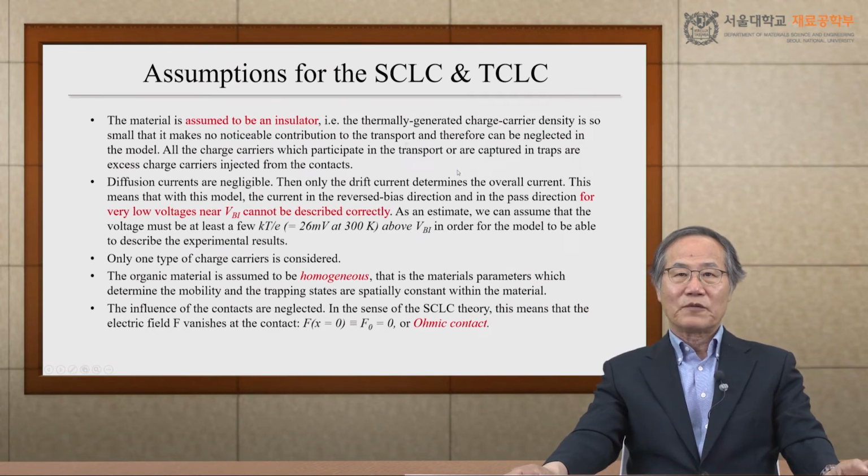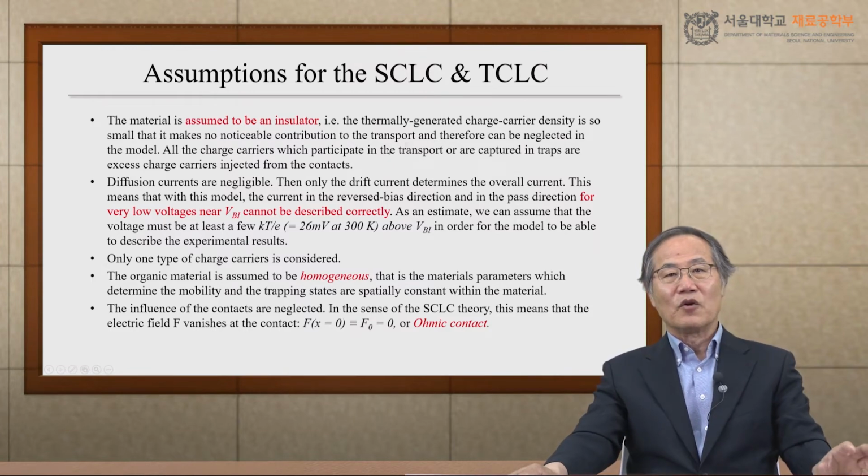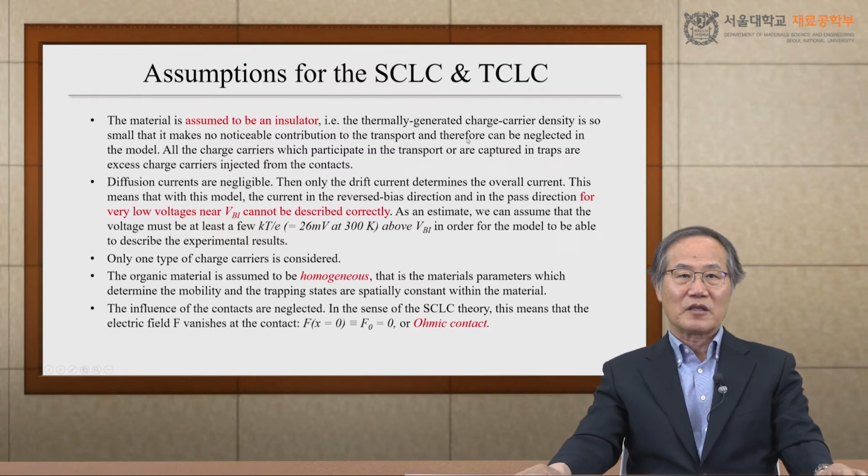You have to be careful when you apply the space charge limited current or TCLC to organic semiconductors because there are many assumptions. The first assumption is that there are no free carriers before injection. So the thermally generated charge carrier density is negligible. Also the trapped charges are also the injected ones.